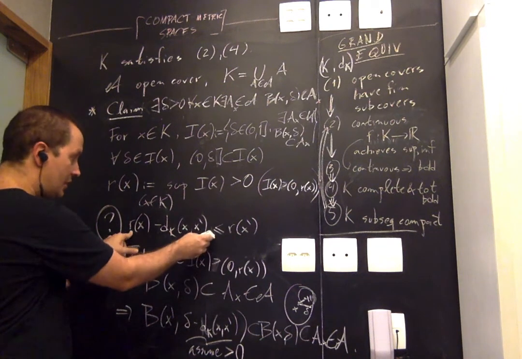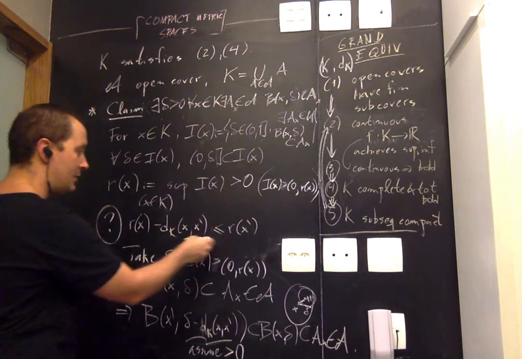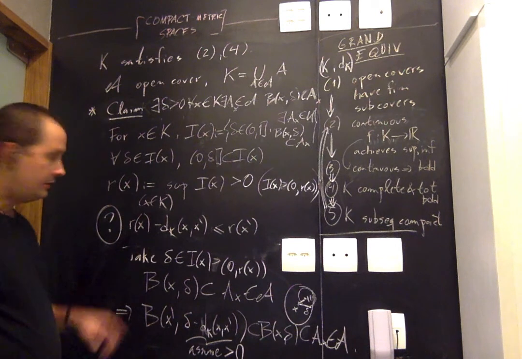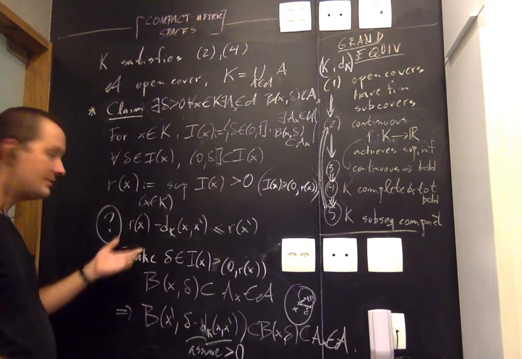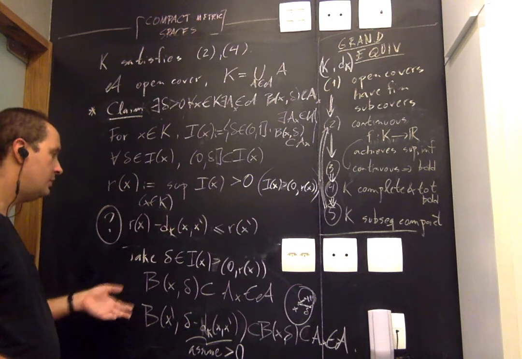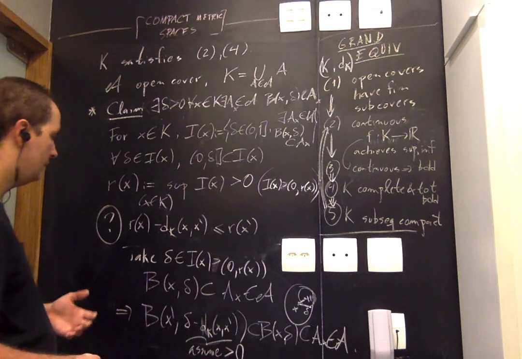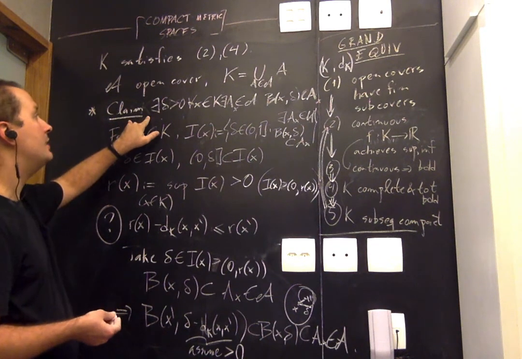But if this number is not positive, then this inequality holds regardless, because this guy is positive and this would be less or equal to 0. So we have this for any delta here, and we can increase delta to get this inequality, which is what we wanted to show.